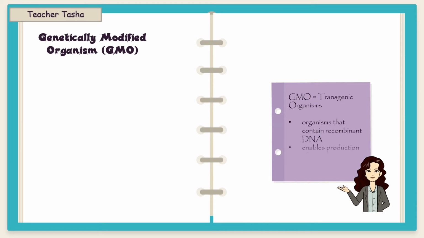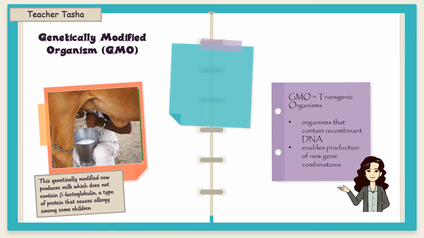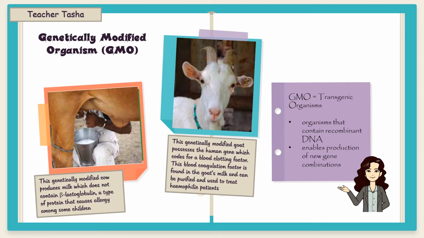A genetically modified organism is an organism whose DNA has been modified through genetic engineering. So these organisms have a recombinant DNA. The original traits in these organisms are altered by inserting target genes from another organism into their DNA.